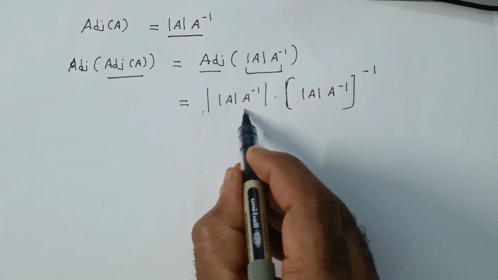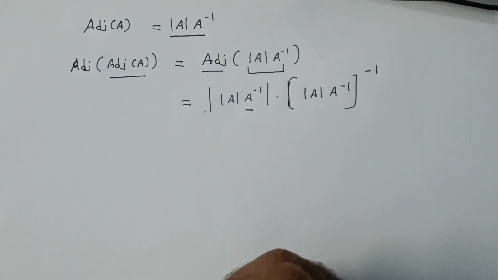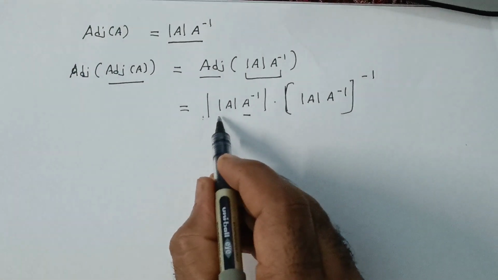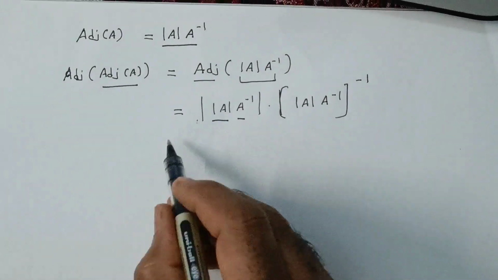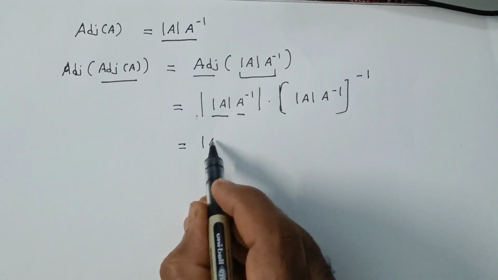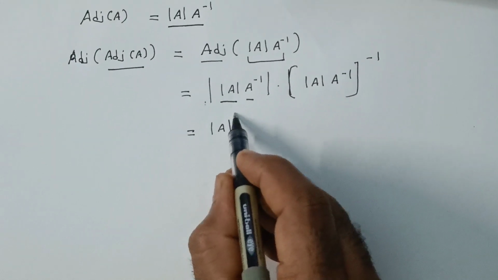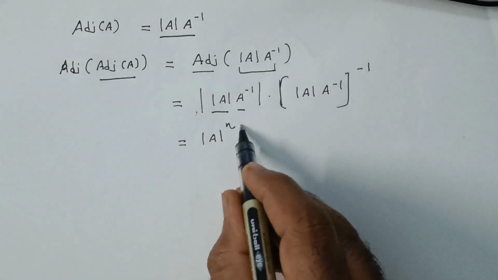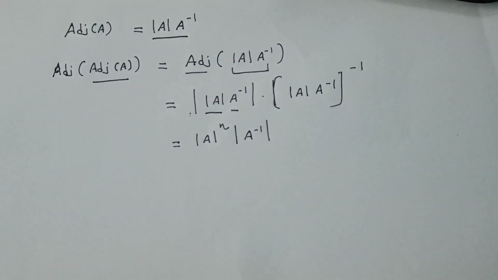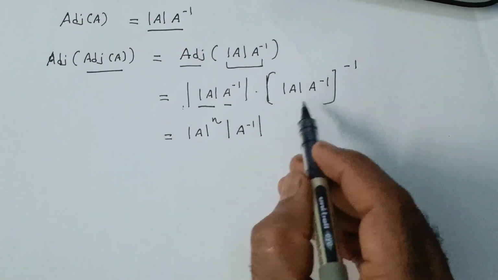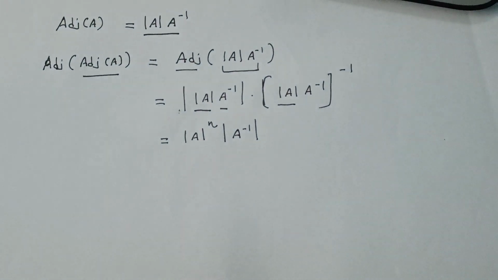We know that A is an n by n matrix. So if you are multiplying with a constant determinant of A, to take it outside, it will become determinant of A raised to n into determinant of A inverse. Here also the determinant of A is constant.